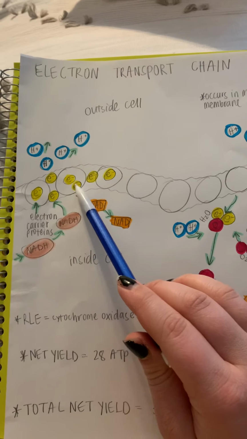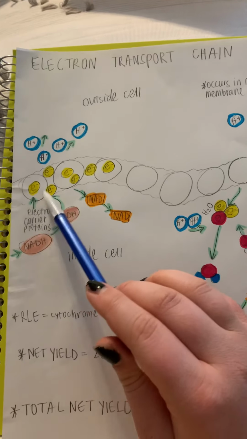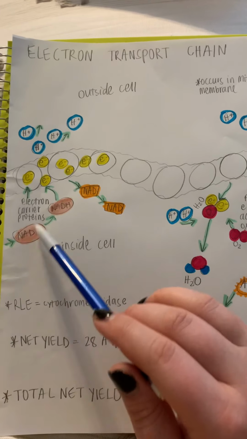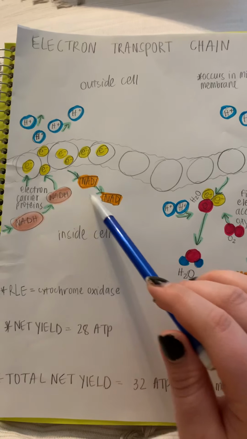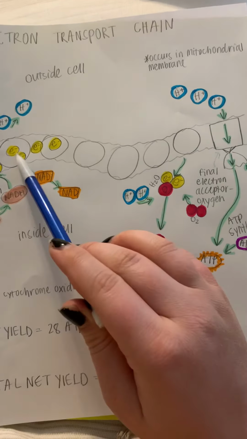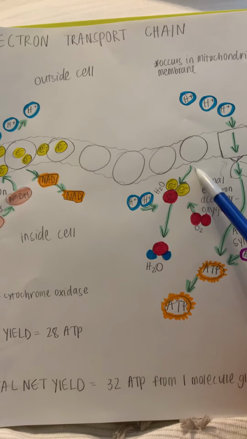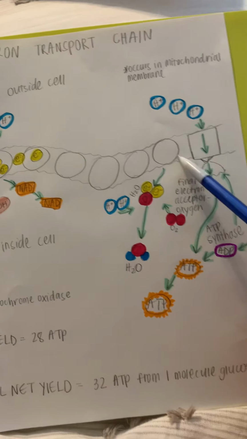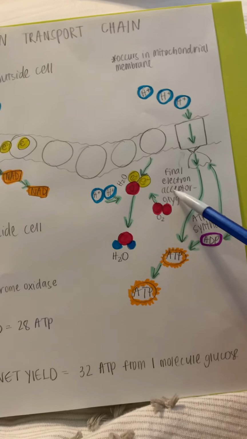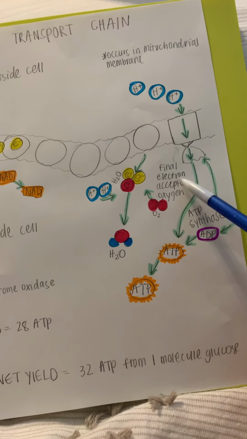So these are what we want. These are going all the way down here, and simultaneously, while this is all happening, you're having NAD go out as well. But all the electrons are going all the way down here. And when it gets down here to the final electron acceptor, which is oxygen, this is where oxygen comes in.